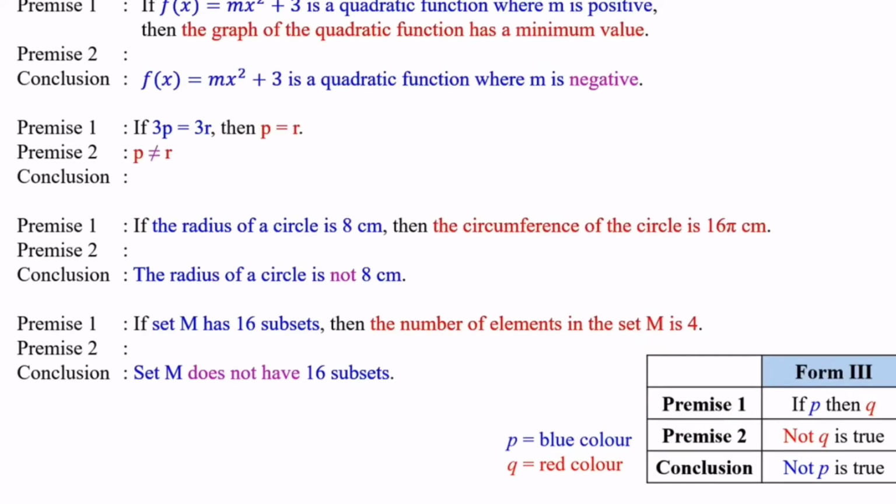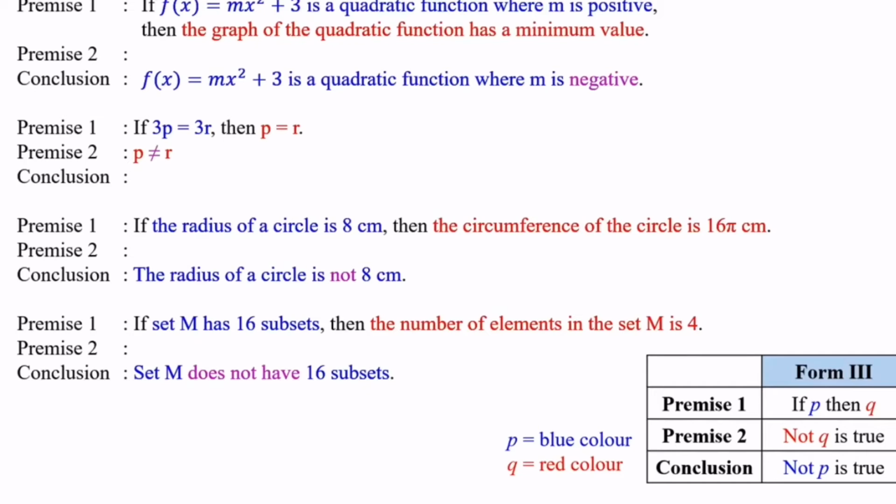Please try to write down the answer on your own before I show you the answer. I give you a few minutes to try to figure out the answer before I discuss further.